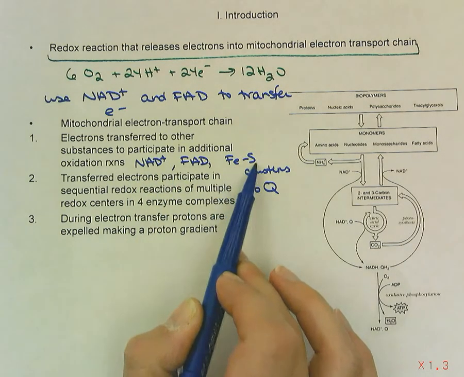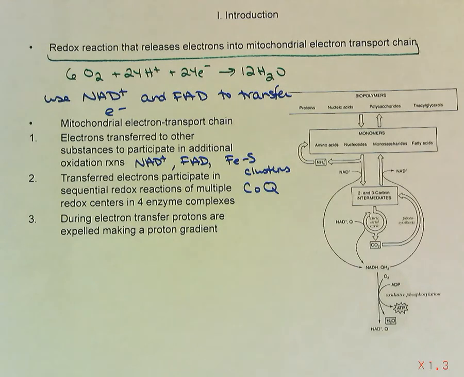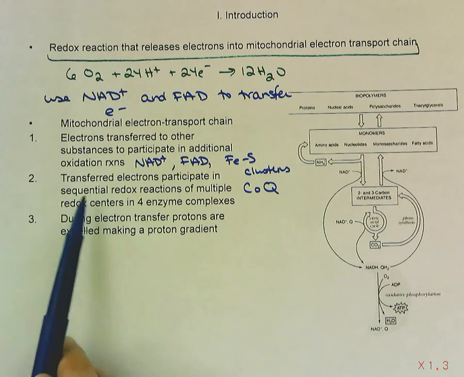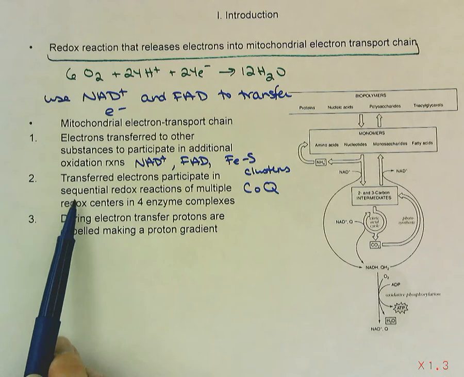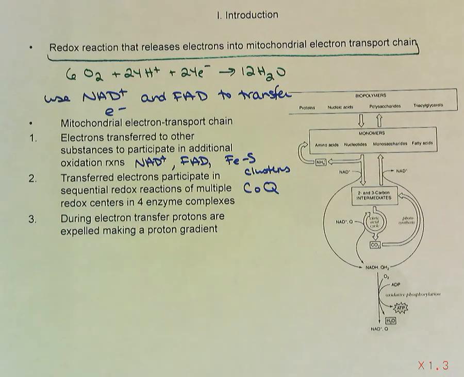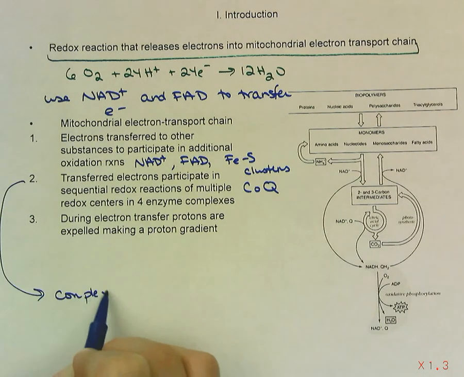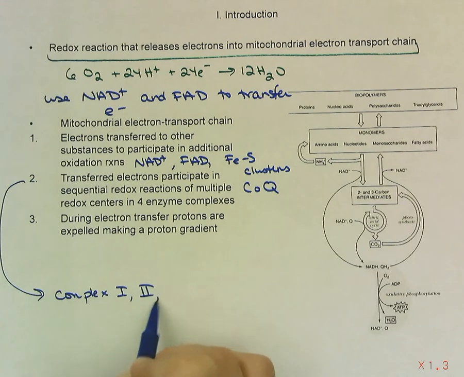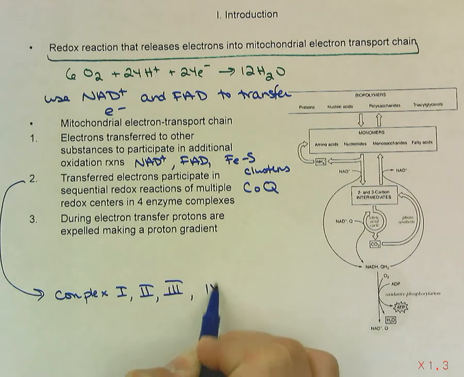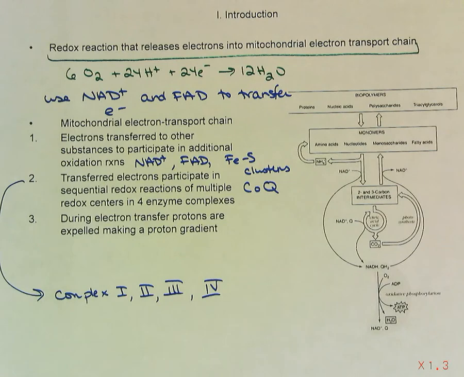But now we have iron sulfur clusters and CoQ, which are only found in our electron transport chain. These transferred electrons participate in a sequential redox reaction in 4 different enzyme complexes. So these are called complex 1, 2, 3, and 4. Easy naming.